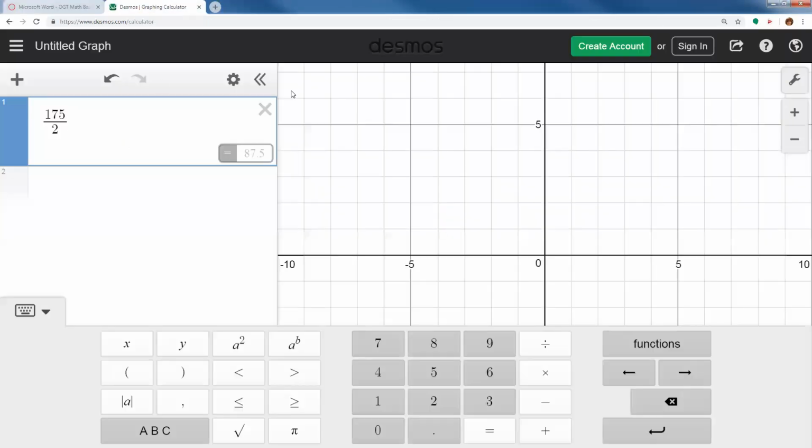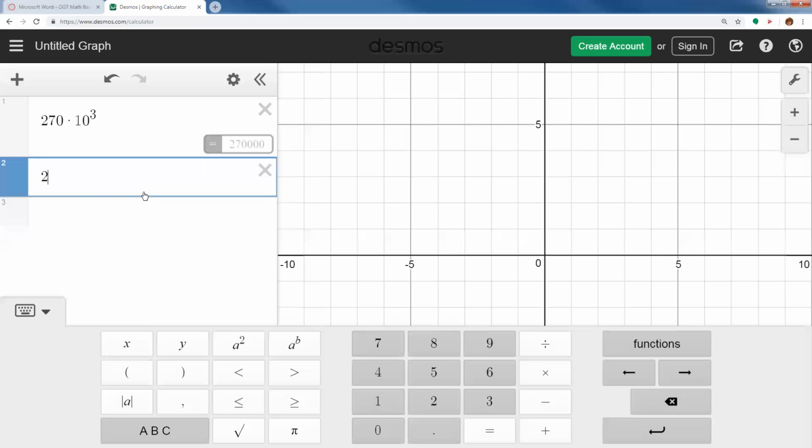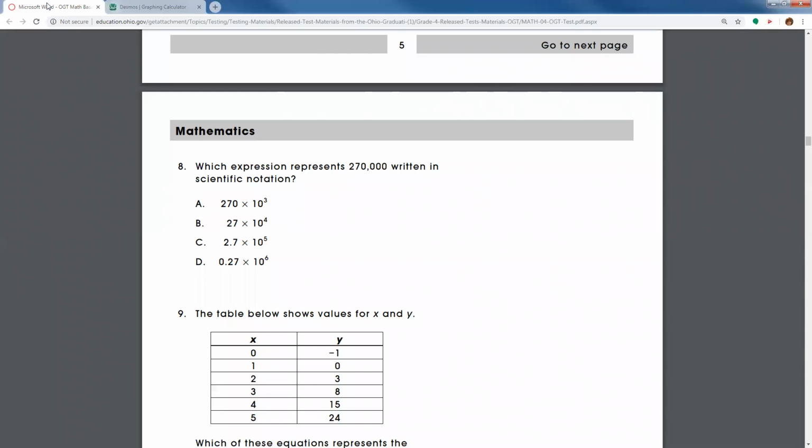If we typed all of these in, if we did 270 times 10, here you have to do the button that gives you the exponent, so times 10 to the third. That's 270,000. If we do 27 times 10 to the fourth, also 270,000. Wow. They're kind of trying to trick you.